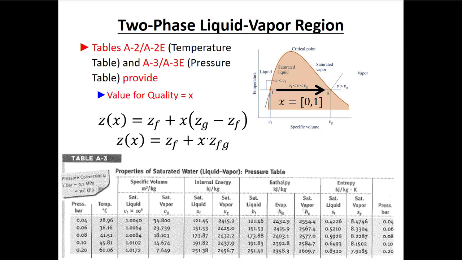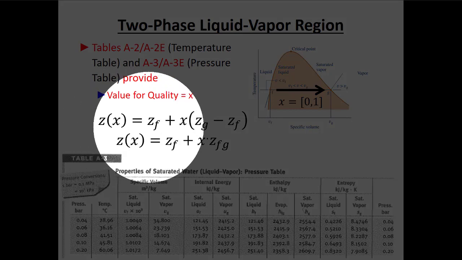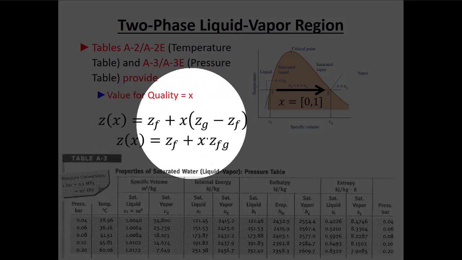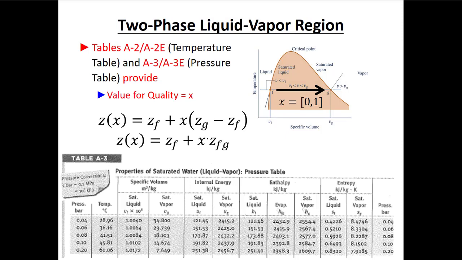It's an interpolation factor. So if I'm trying to find some property as a function of quality, I take that property of the saturated liquid plus quality times the difference between that property at saturated vapor minus saturated liquid.